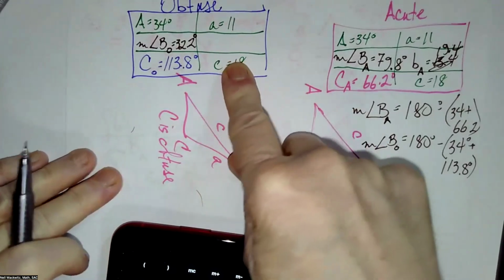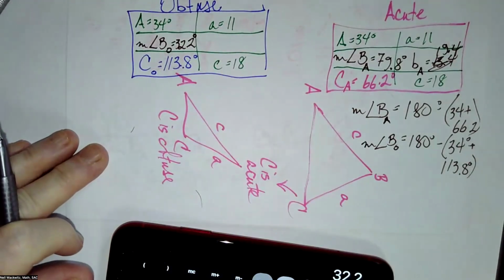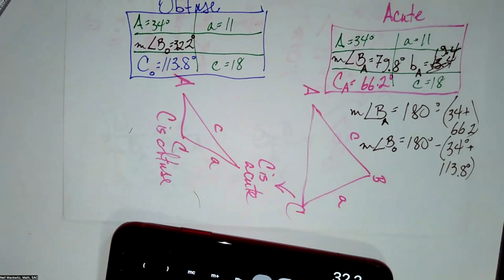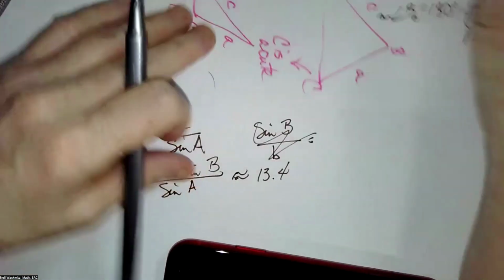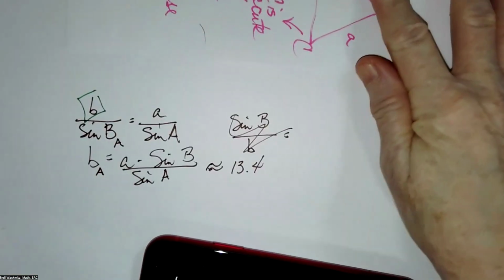And now we're going to use the law of sines to find the side opposite this new angle B. But the setup is the same.